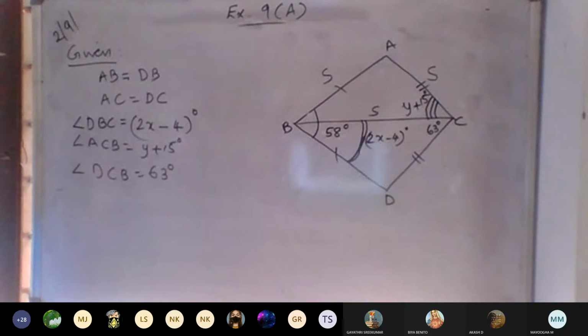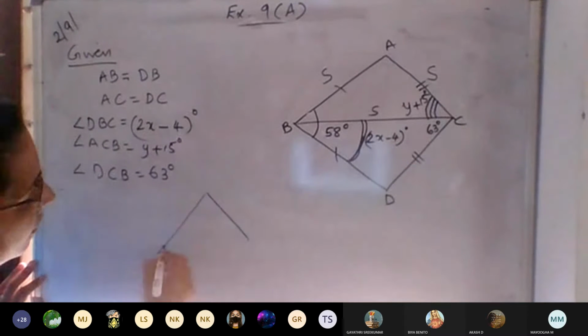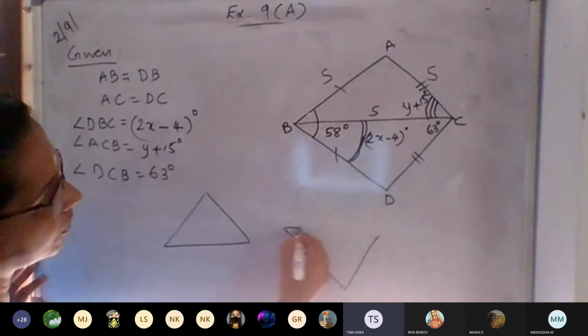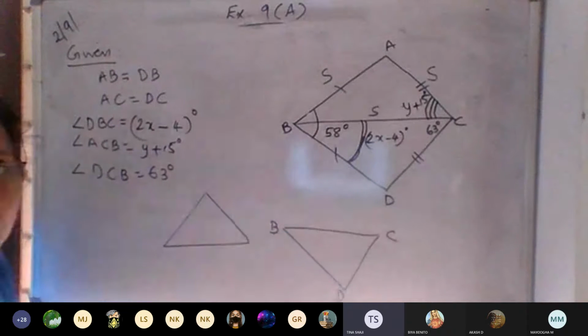Which are the corresponding angles? Tell me. If we consider these two, mark them separately, that is better. In the given triangles, angle ACB and angle DCB correspond. BD.